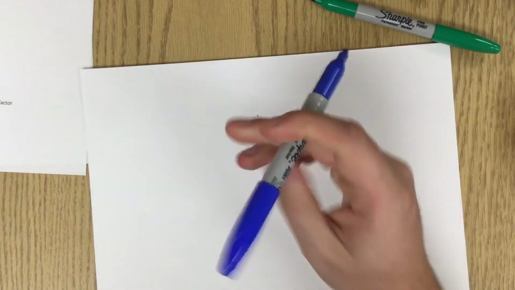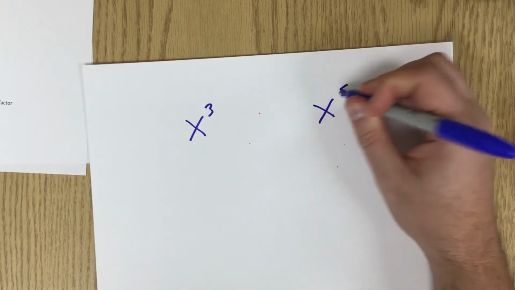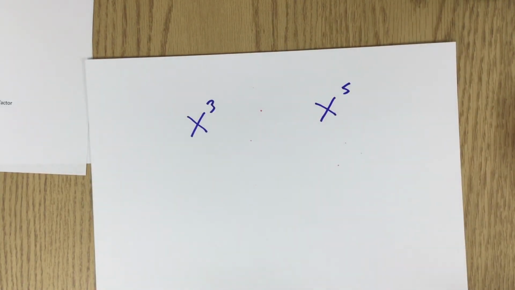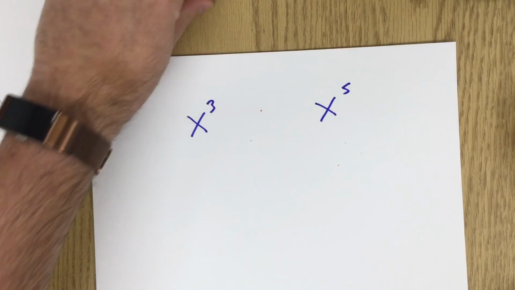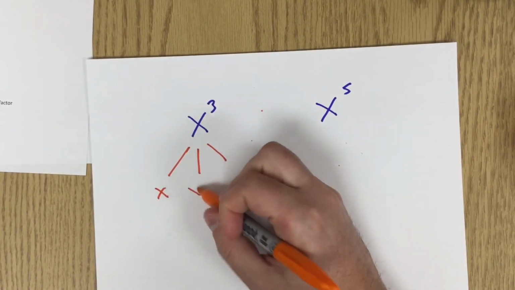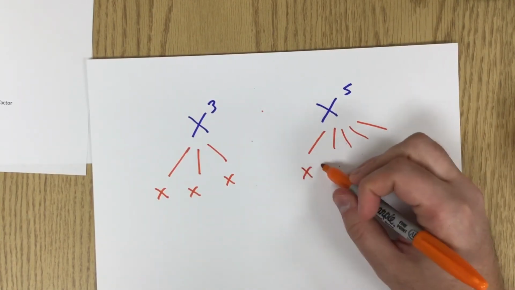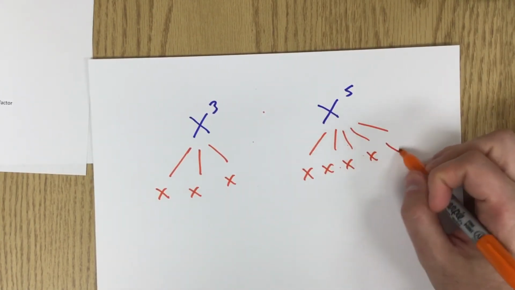One more. Let's say we have x cubed and x to the 5. So x cubed breaks up into x times x times x, and x to the 5 breaks up into x times x times x times x times x.